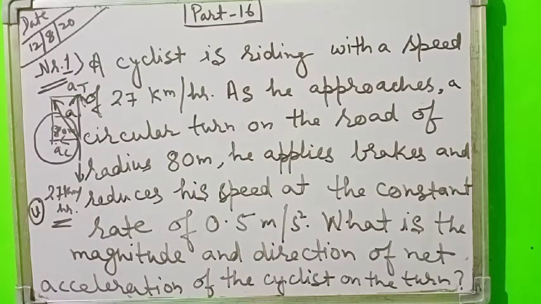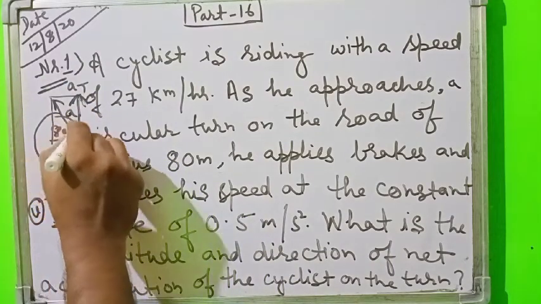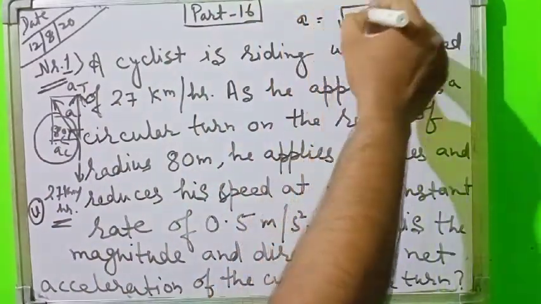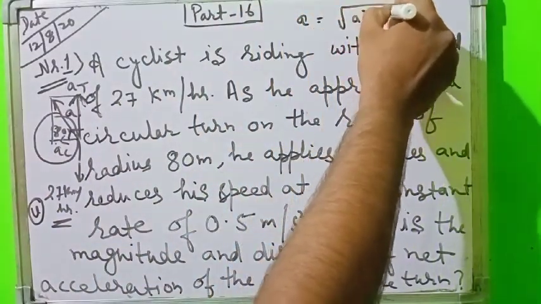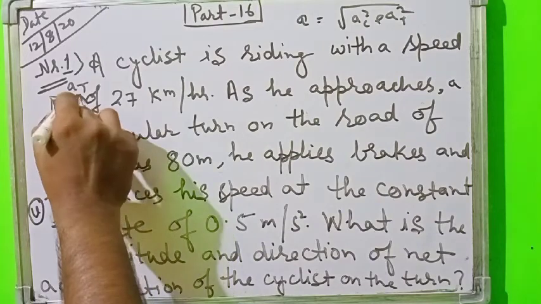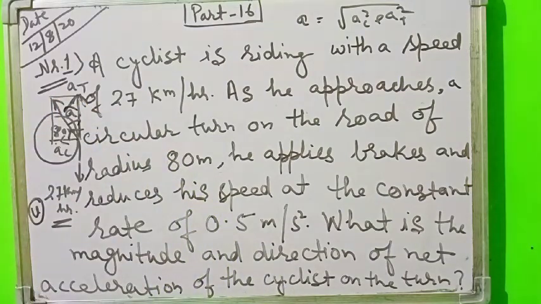The angle is 90 degree, so A is equal to the square root of AC square plus AT square, and then we find the value of alpha. This alpha will give the direction. We will make the detailed diagram while solving it.